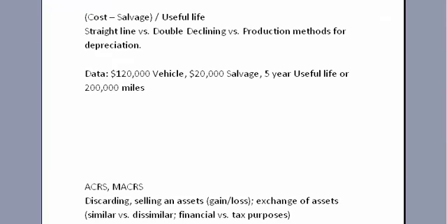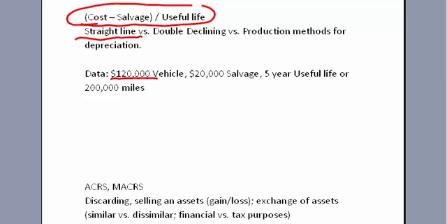This is our different methods for depreciation, and we're really just going to work with three here and then a tax version of this. The general formula is cost minus salvage divided by useful life. So in this particular situation, we're going to work with straight line first. Straight line method, let's say that we had a $120,000 vehicle, $20,000 salvage, and it's going to last for 5 years.